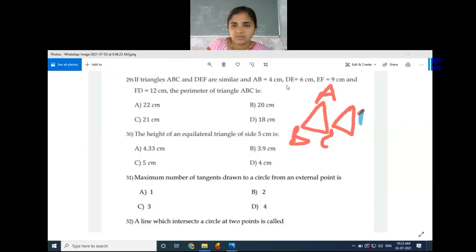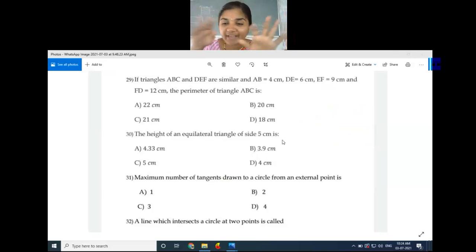See here, what is given actually? Measurements are given, no? AB is 4 centimeter. So then you can imagine, no? Using which topic can we find the perimeter of triangle ABC?